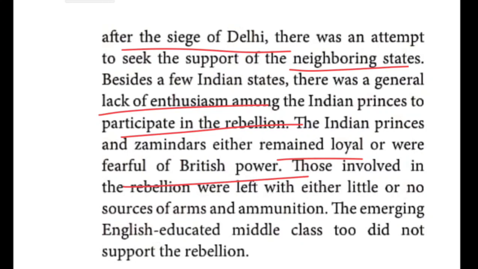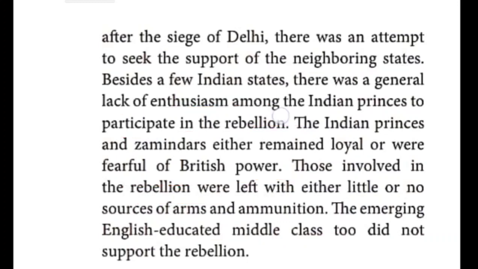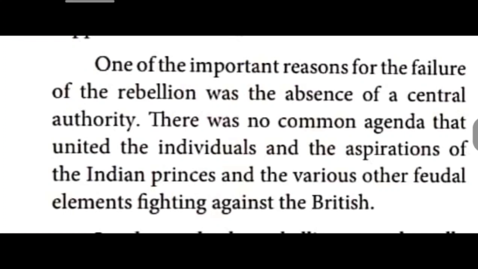Then some of those involved in the rebellion also left it. Sometimes in between, some rulers and Indian princes withdrew from the rebellion. Then the educated middle class did not support the rebellion. So these are the reasons for the failure of the revolt of 1857.